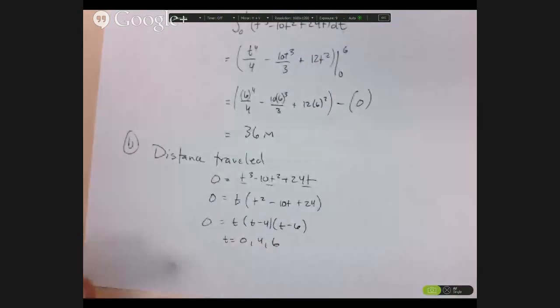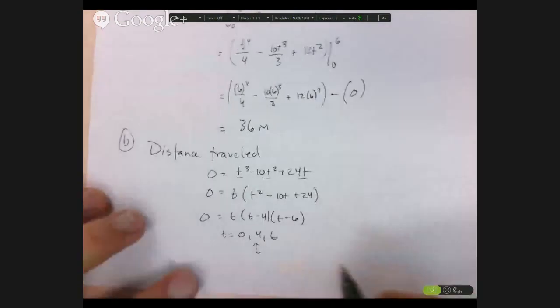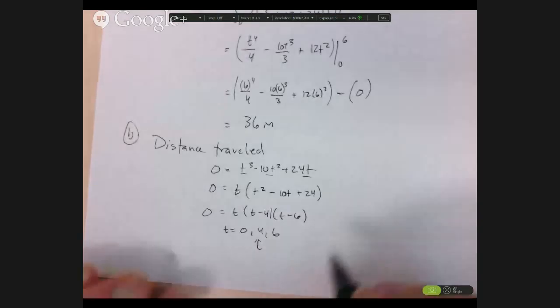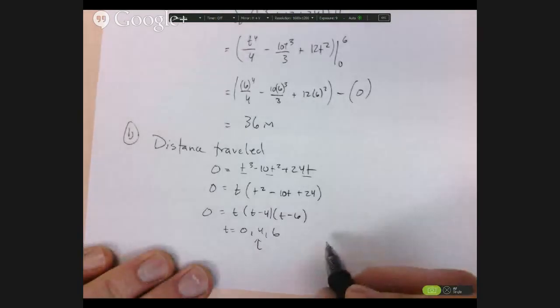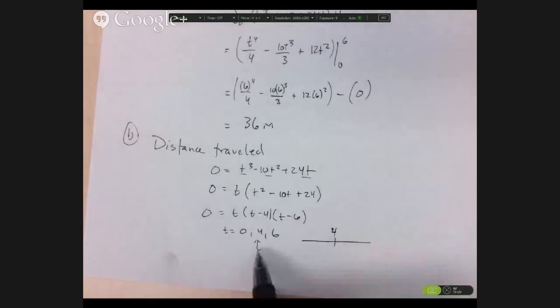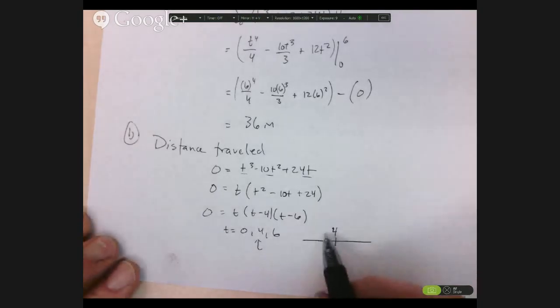Okay, do 0 and 6 matter? No. We're going from 0 to 6, so we're not going to worry about those. We're going to look at 4. Because it's where the velocity goes to 0, we might have changed direction. So plug in a value on each side.